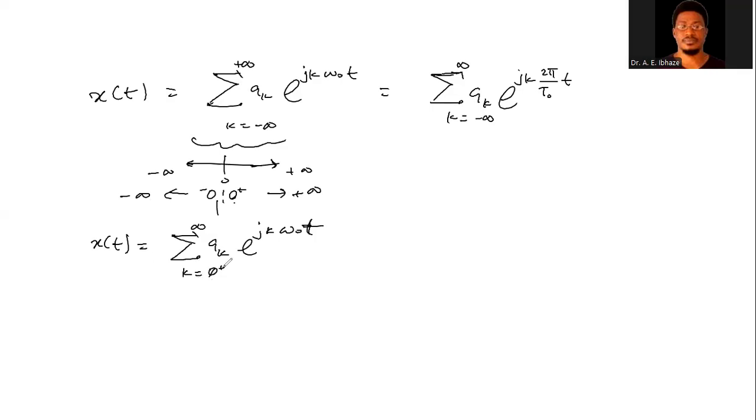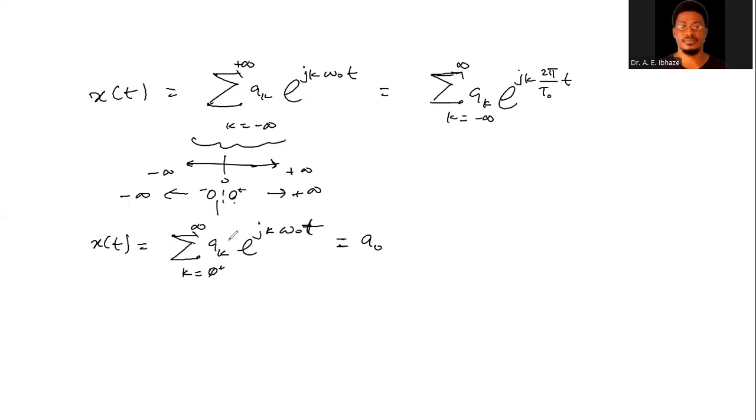When k is the same as 0, what are we going to get? We're going to get a naught times all of this, so epsilon naught. Epsilon naught will give us 1. 1 times this, so our first term becomes a naught.